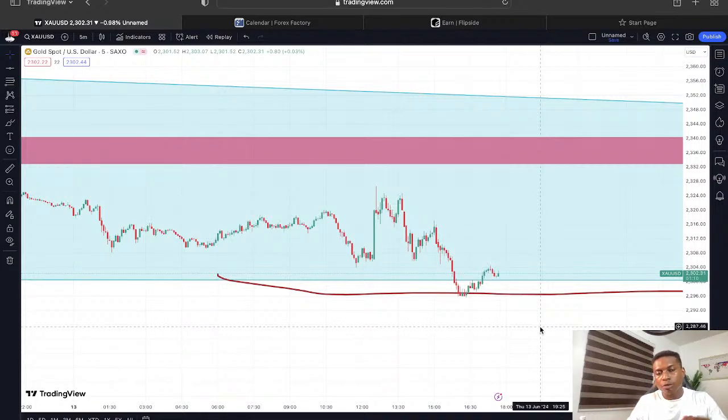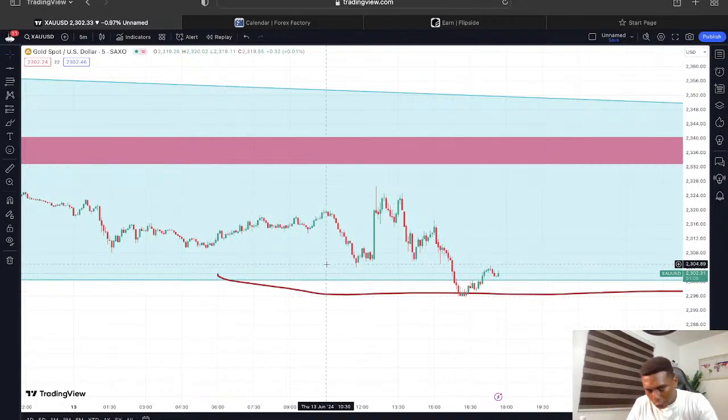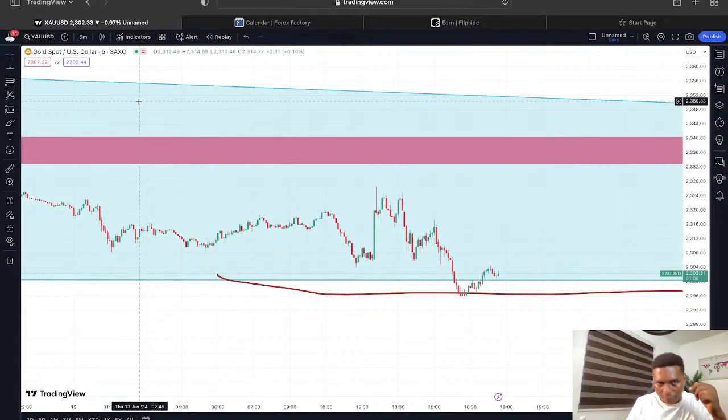But for you now, you are looking at a shorter time frame, which is the 5 minutes, the 1 hour, to enter and exit the market. But you are also looking to trade within a highly volatile market.